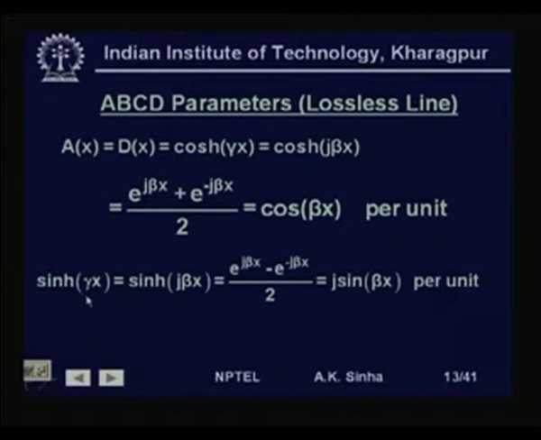Similarly, sinh gamma x is equal to sinh j beta x, which is equal to e to the power j beta x minus e to the power minus j beta x divided by 2, which again comes out to be equal to j sin beta x. Again, this is a pure trigonometric function, it is not a hyperbolic function.